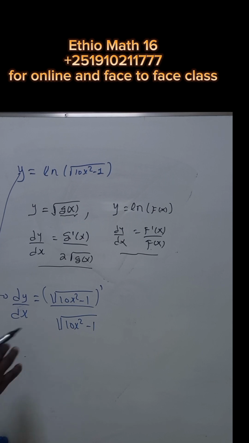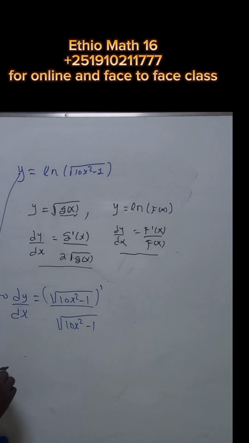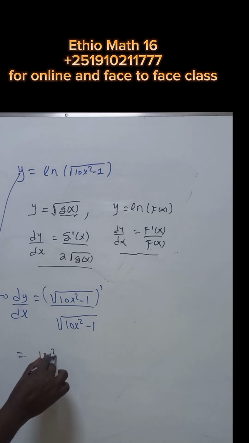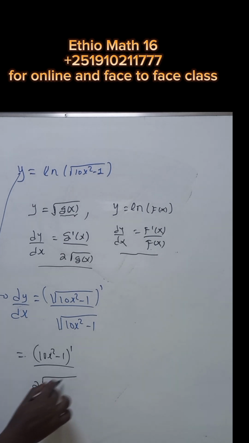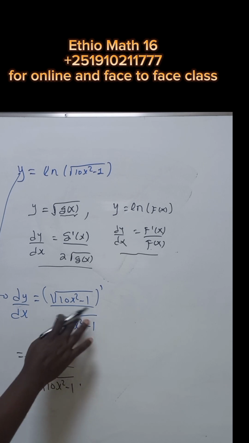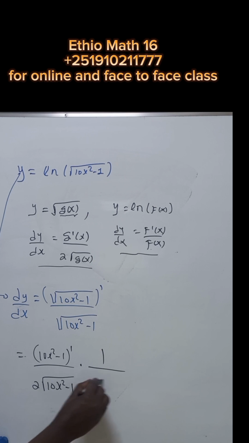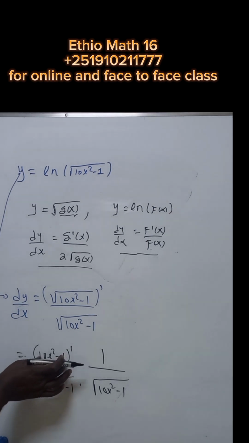Thereafter I apply this technique to find the derivative of the square root. This is given by the derivative of 10x squared minus 1 over twice the radical of itself, 10x squared minus 1, times this value in general, that's the denominator, which means times 1 over the square root of 10x squared minus 1. This is how we find the derivative. And then finally, what's the derivative of this one?